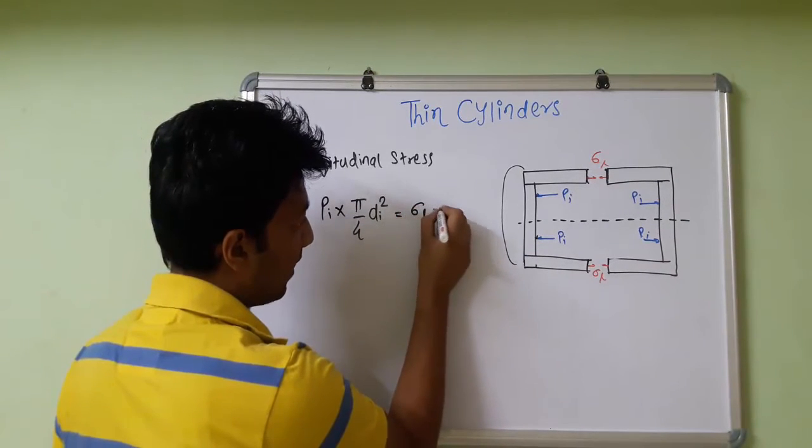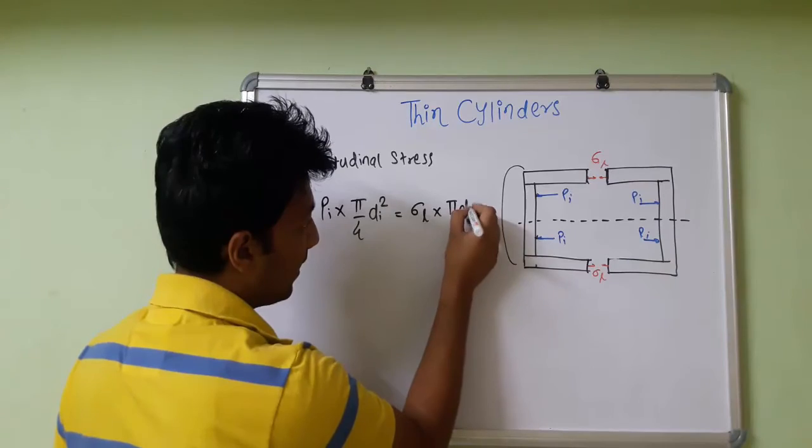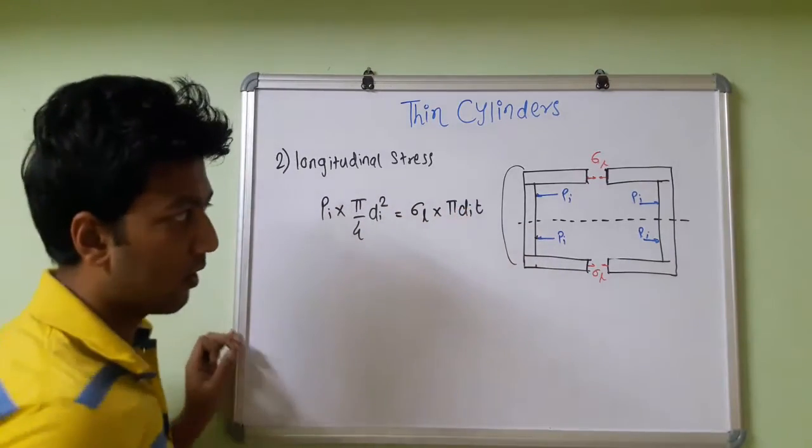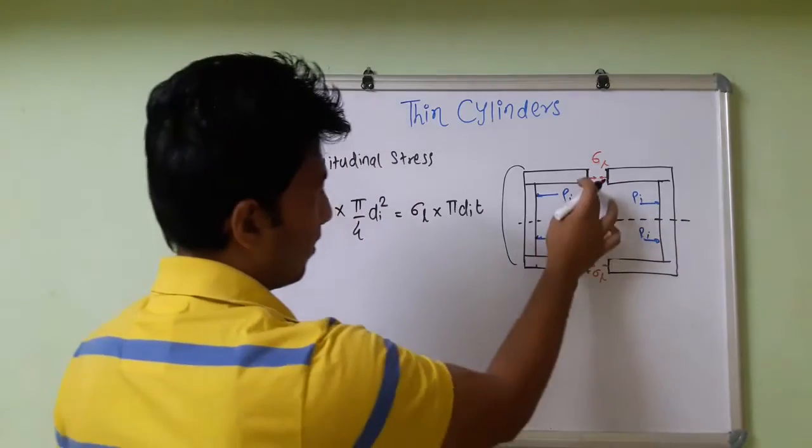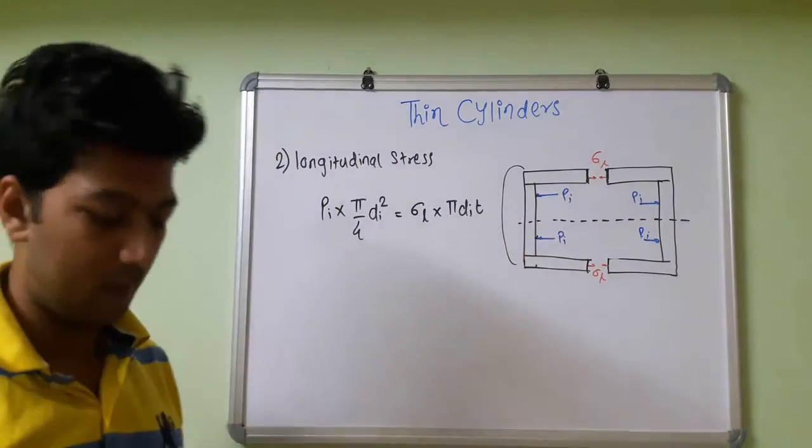That will be sigma L into pi di into T, meaning the thickness, the diameter and pi.